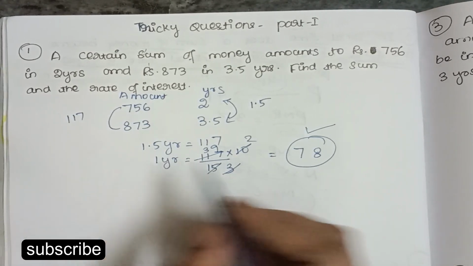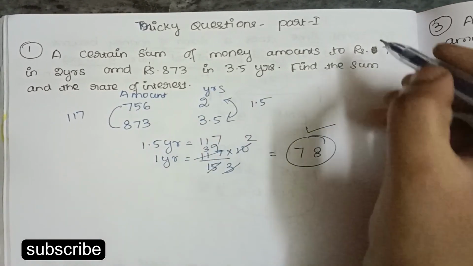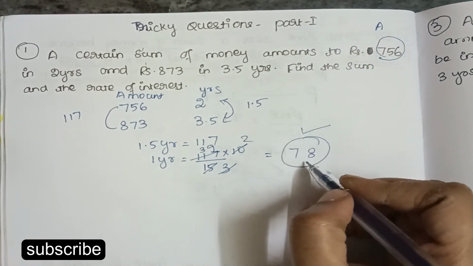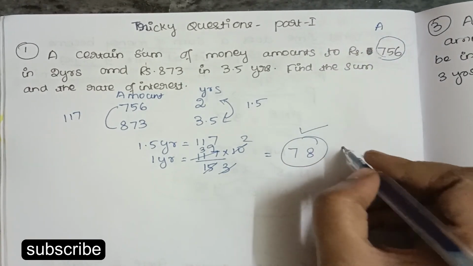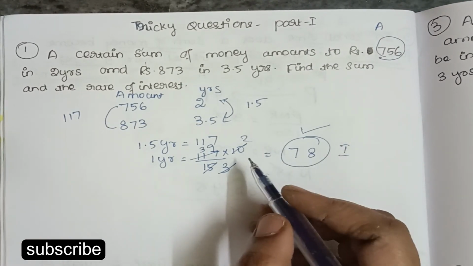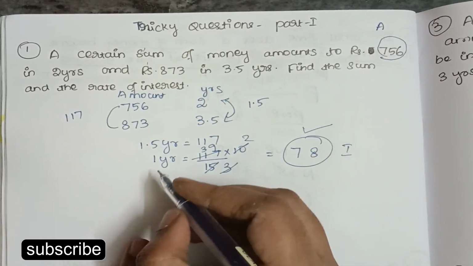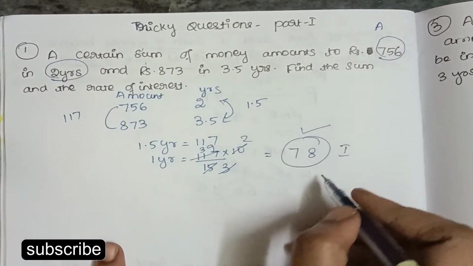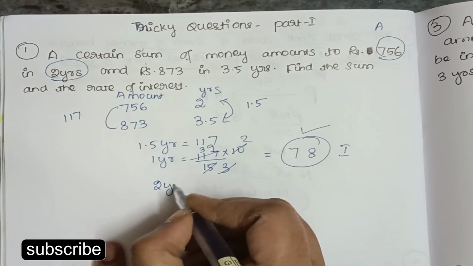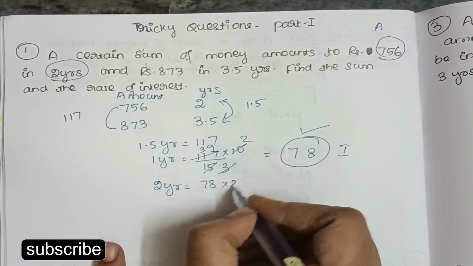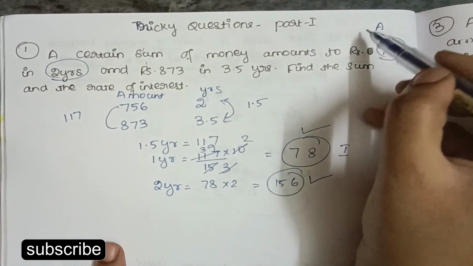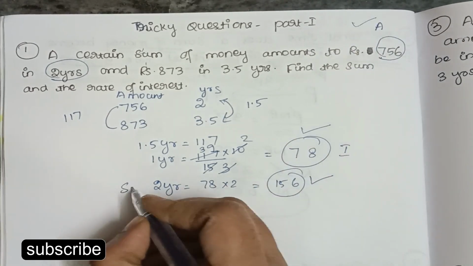So now we have the amount given, and the one year interest we found from the given question. What is given is that for 2 years the amount is 756. What is the 2 year simple interest? 78 into 2, so it is 156. We have the amount and simple interest for 2 years.